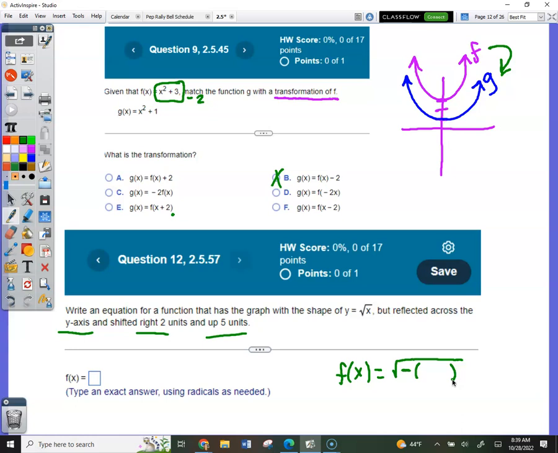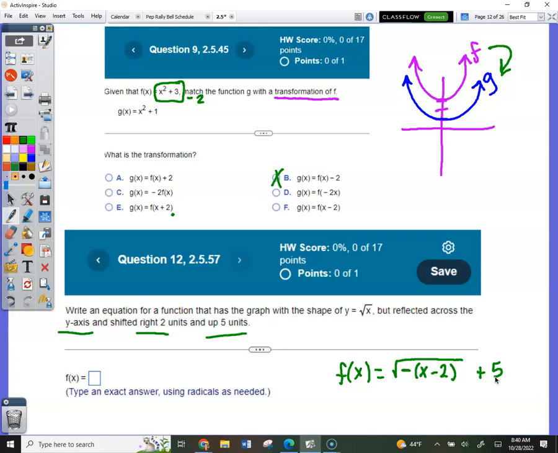What's the horizontal shift? Right 2. Right 2 inside parentheses would look like minus 2. And then at the very end it would be what? Plus 5 on the outside of the radical. Okay? So that question does come up, and they are expecting the negative to be in the radical, but in front of parentheses, and then you do the horizontal shift in the parentheses.